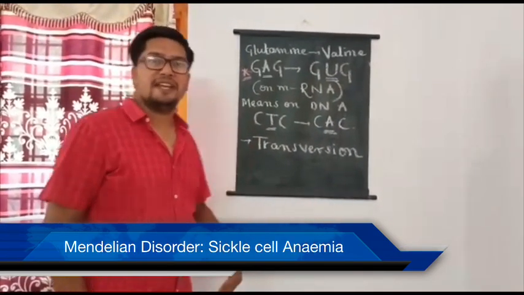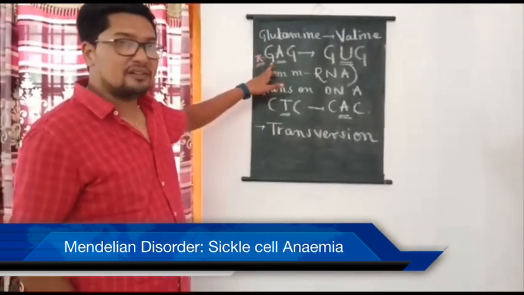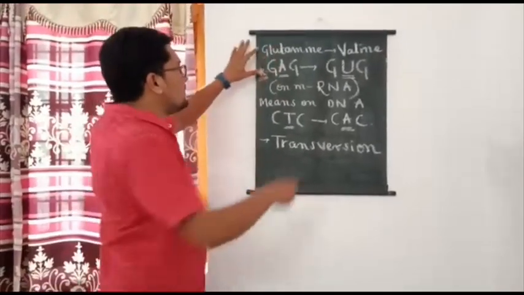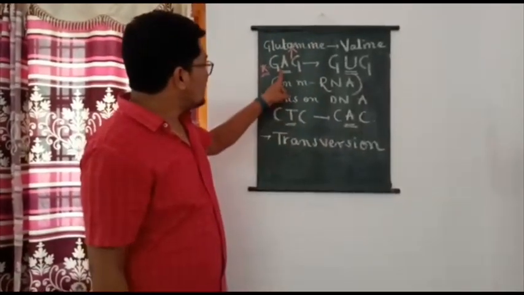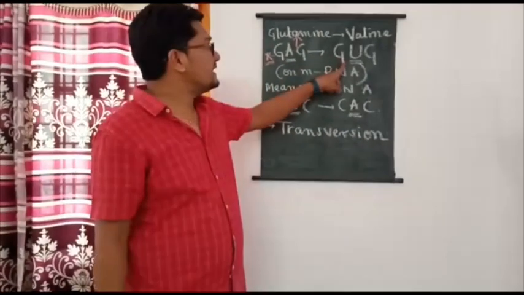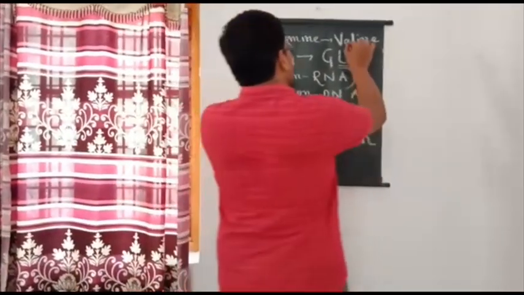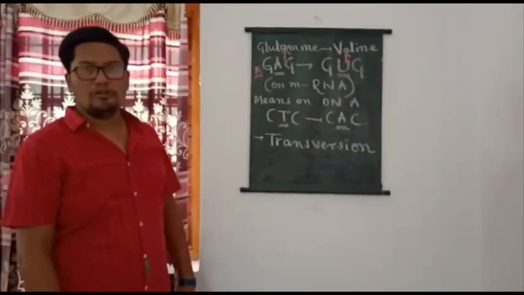So here it is very clear. On mRNA at the 6th position, if GAG is present, it codes for which amino acid? Glutamine. But GAG is replaced by what I said? GUG on mRNA. That's why instead of glutamine, GUG is coding for valine.